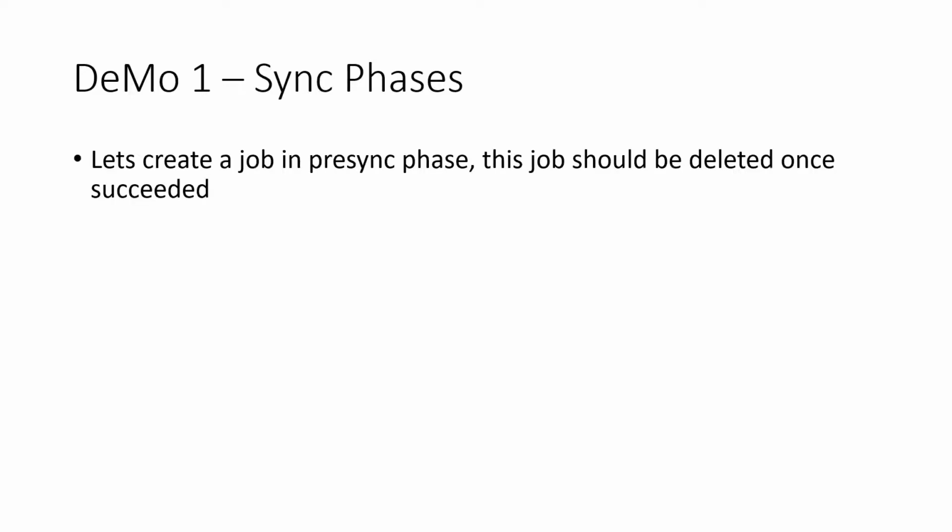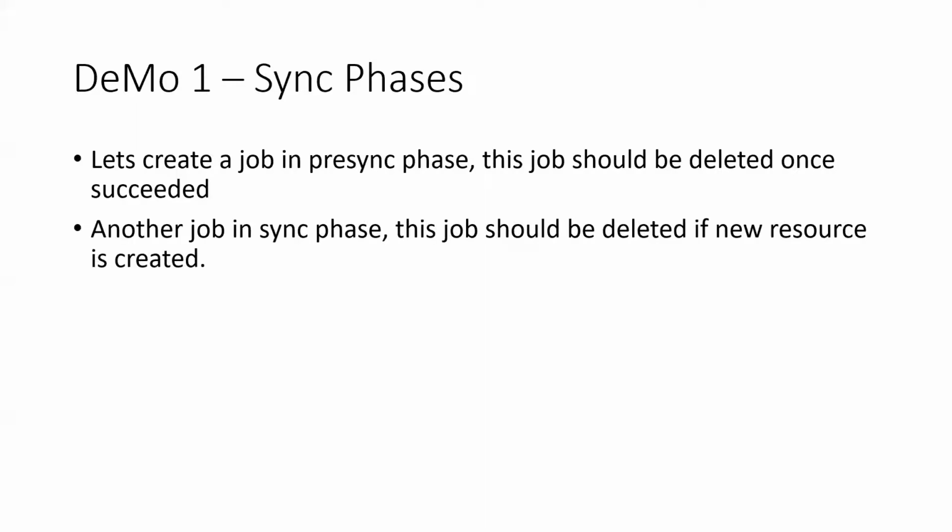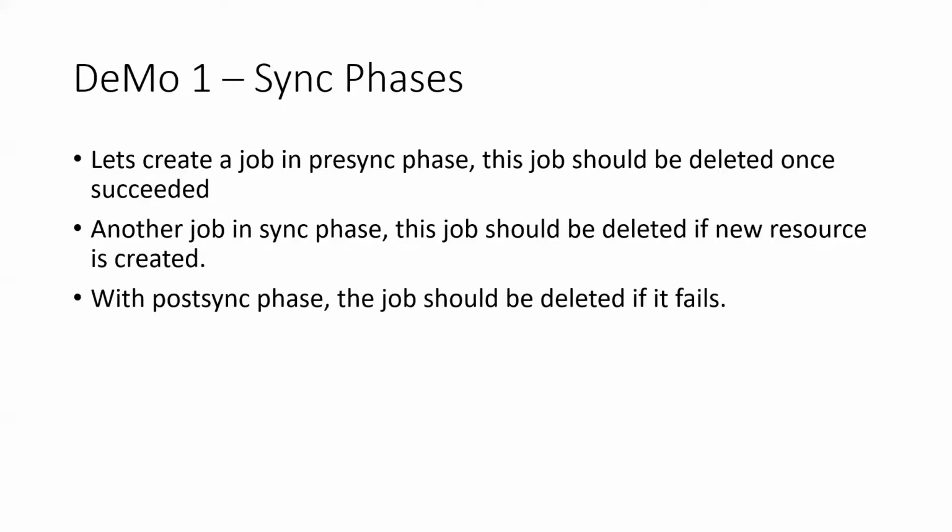In the sync phases, we're going to create a job with a pre-sync, and that should be deleted once the particular phase is completed. Okay. Next we're going to create another job with the post-sync phase, and this job should be deleted again if a new resource has been created. With the post-sync, if it fails, it has to be deleted. And also we're going to try how skip works. Okay. So this is one.